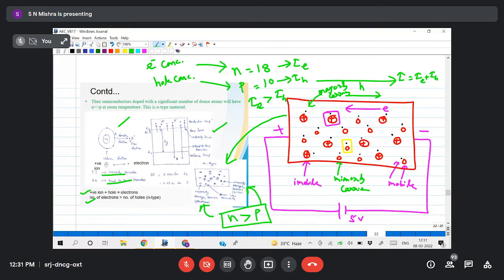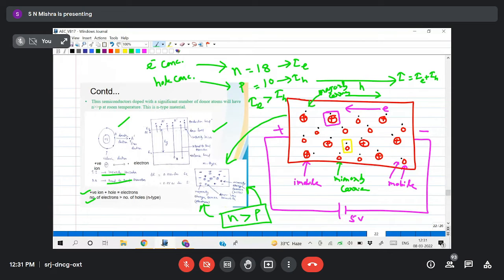In an intrinsic semiconductor, what type of atoms will I add so that it becomes n-type, pentavalent or trivalent? Pentavalent. When you add pentavalent, those are called acceptor or donor? Donor. What type of ion will I generate? Positive. Okay.